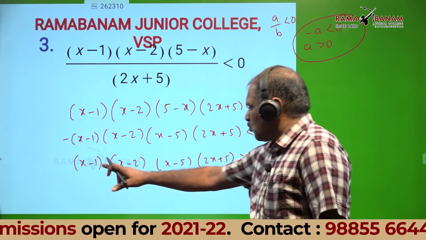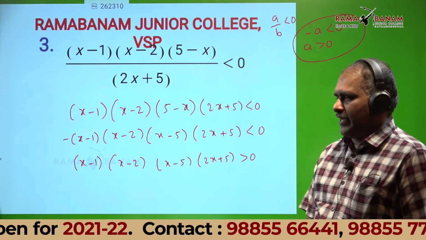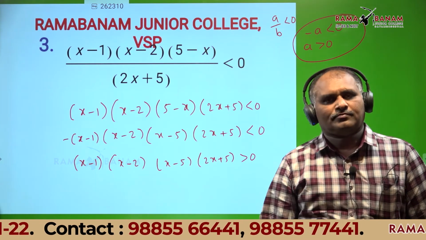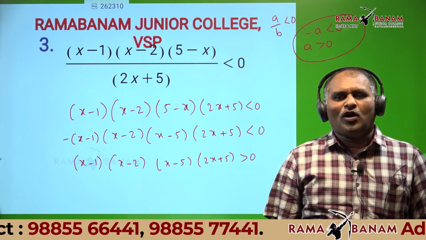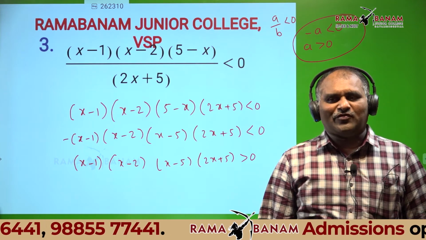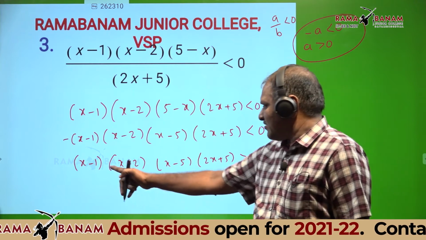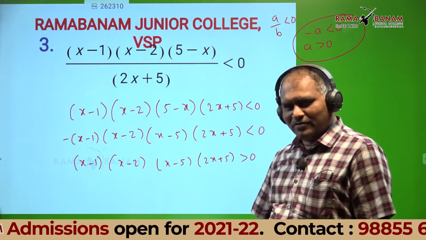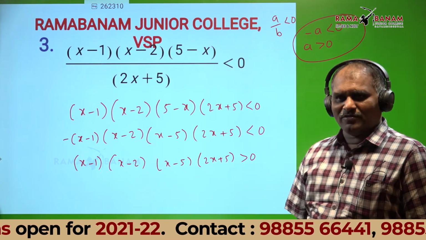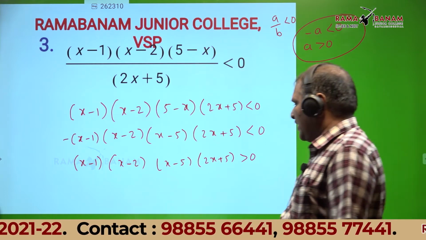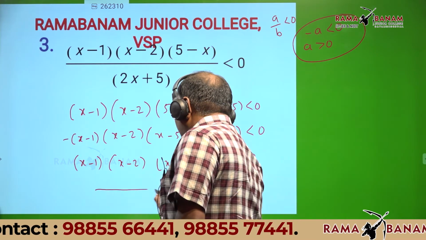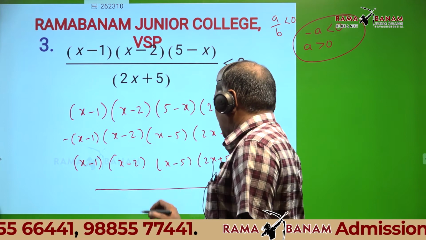Therefore, what are the roots of this total equation? Anyone? What are the roots? 1, 2, 5, and minus 5 by 2, sir. Very good. Indication on the number line. This is the number line.